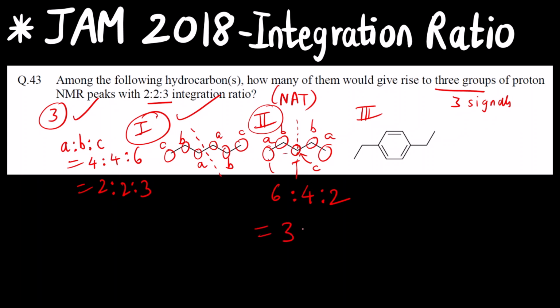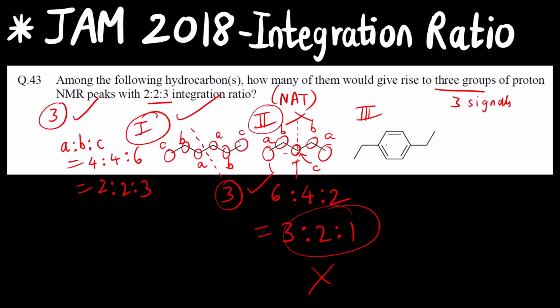So the ratio is 3:2:1. The first condition of 3 signals is satisfied, but the ratio is not matching. We want 3:2:2, so the second one does not satisfy.